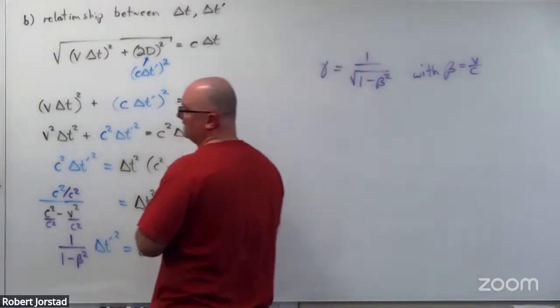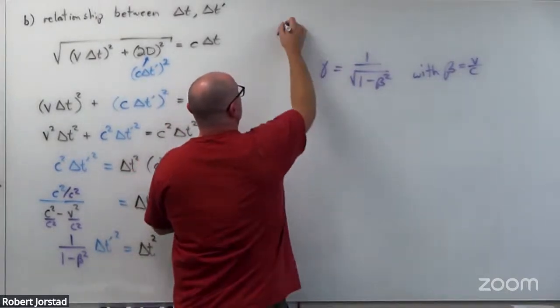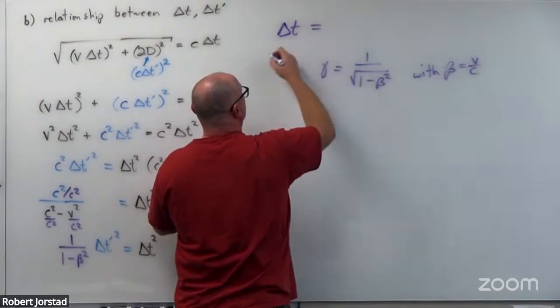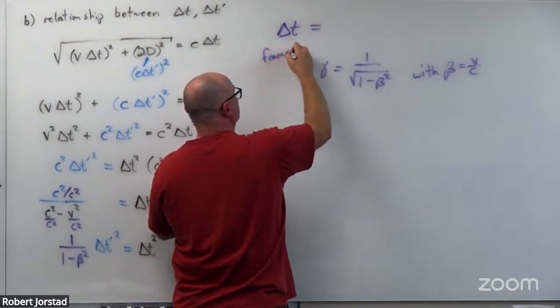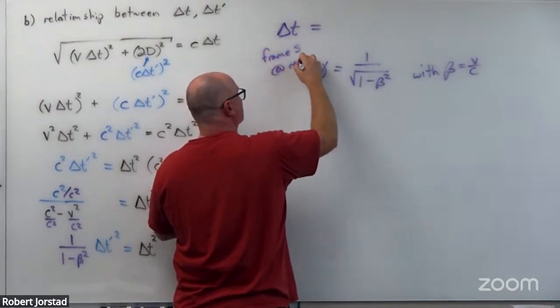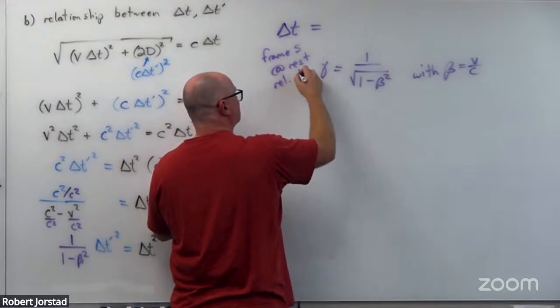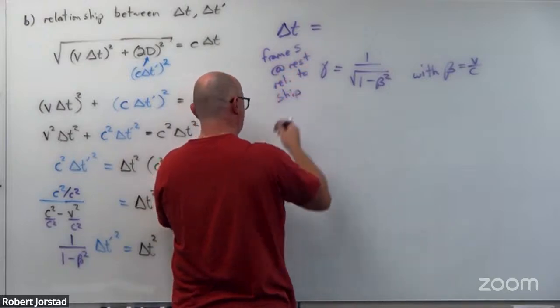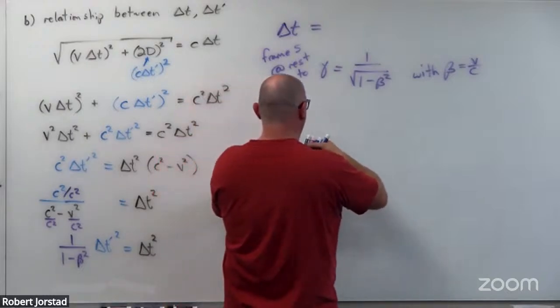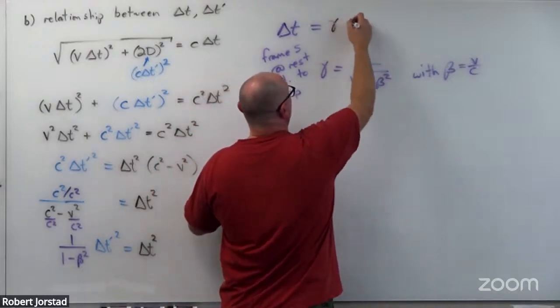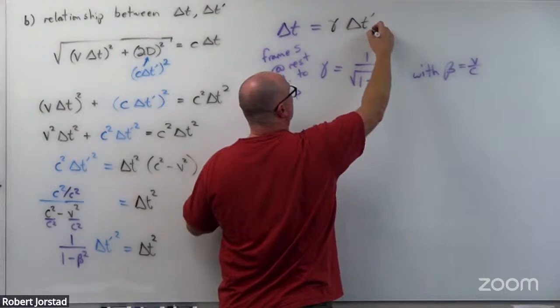What did we find? We said that delta t, this was in frame S, at rest relative to ship, was equal to gamma delta t prime.